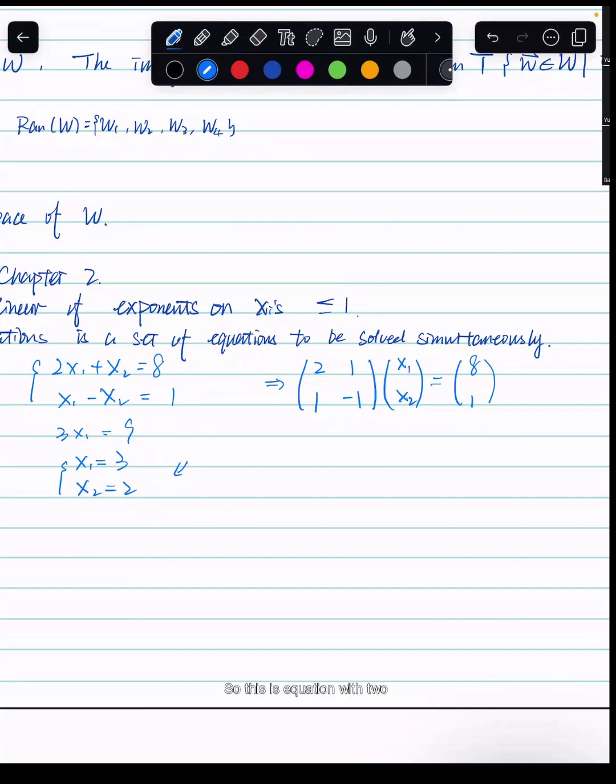So this is an equation with two unknowns, but we can have many unknowns.